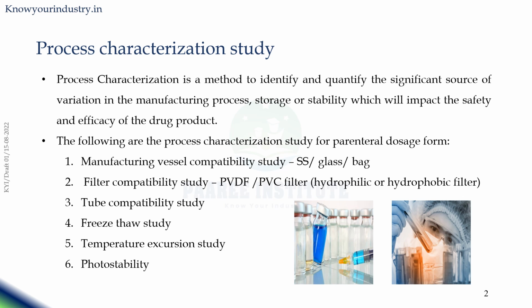Maybe you can understand the granulation time, the holding time of the granulation fluids, the holding time of the granulated powder, the holding time of your semi-finished goods, or the compatibility of the solutions being used with the components, either plastic, glass, or stainless steel. Each and every compatibility has to be generated as a part of the process characterization study.